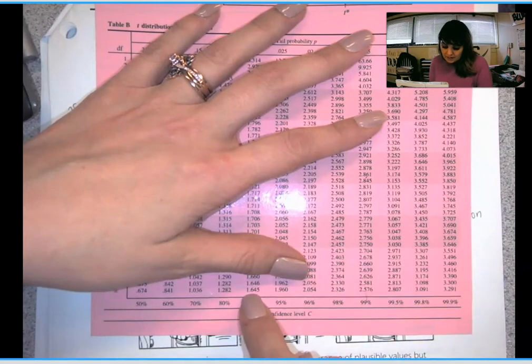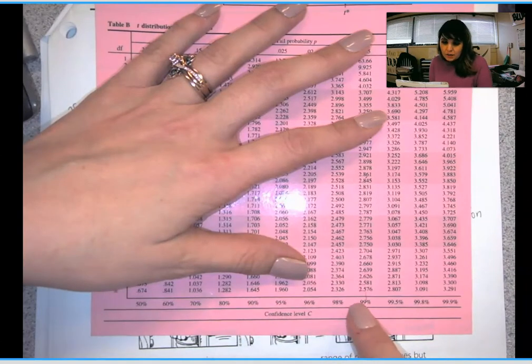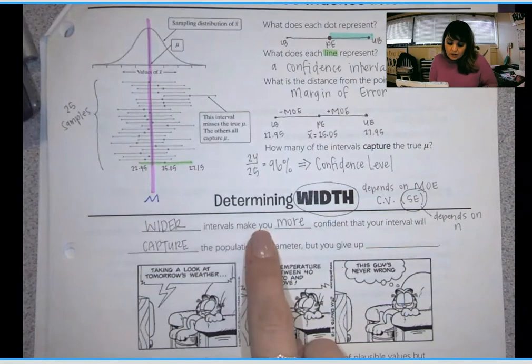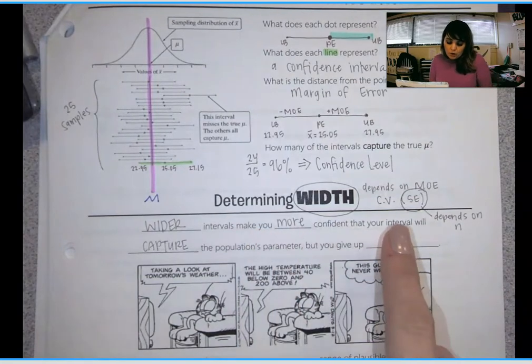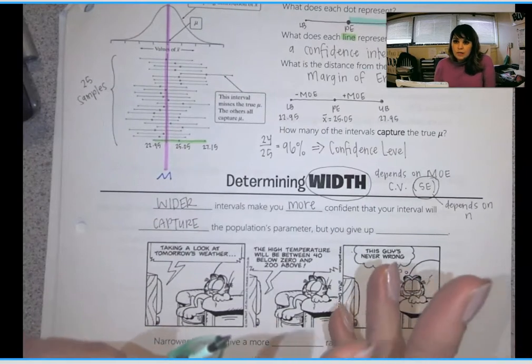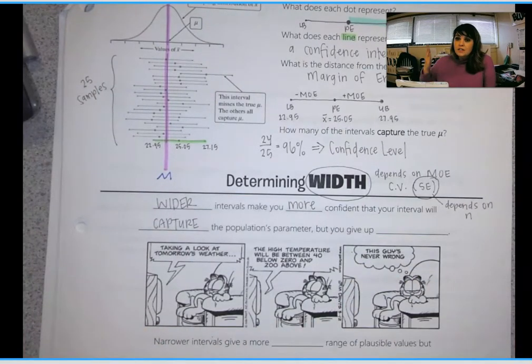Your confidence interval is getting wider because your critical value is getting bigger. So what this means is the wider your interval, the more confident you are that you'll capture the true mean, because as your confidence level increases, your critical value increases.